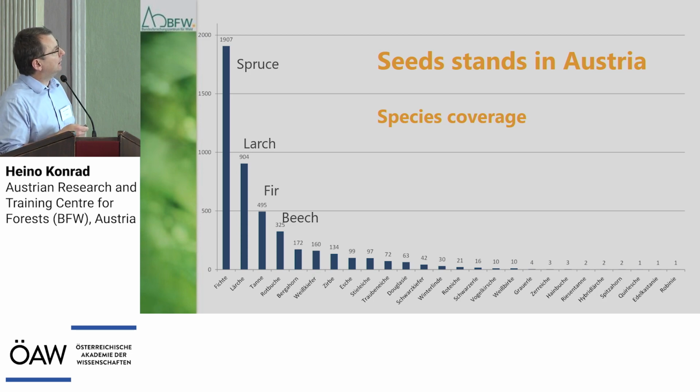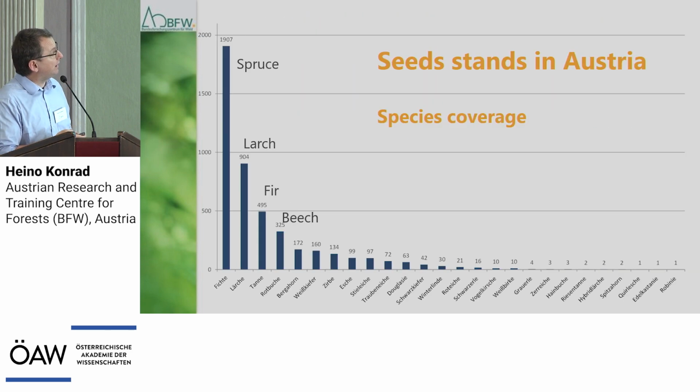So what we can see here is that this has historically grown. These are not the winners we need after climate change. These are the old species which have been used for a long time. But all the other tree species, of which we have many, are covered by much fewer seed stands.